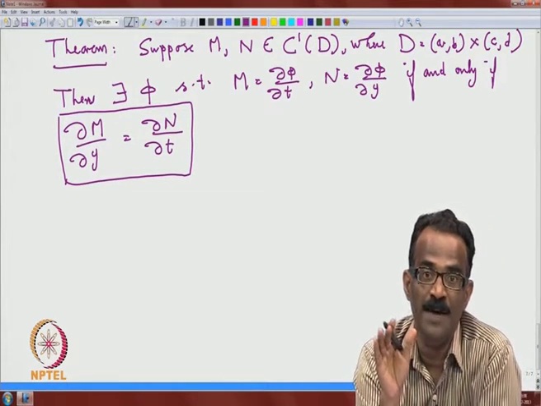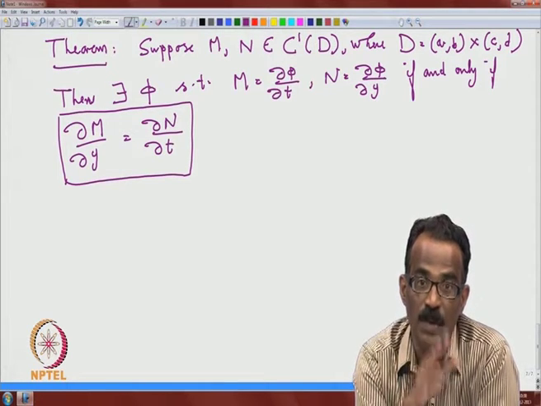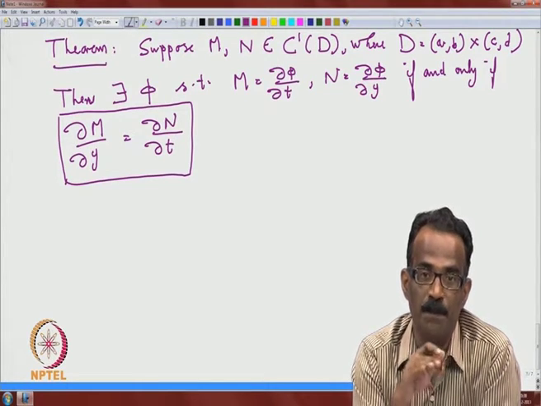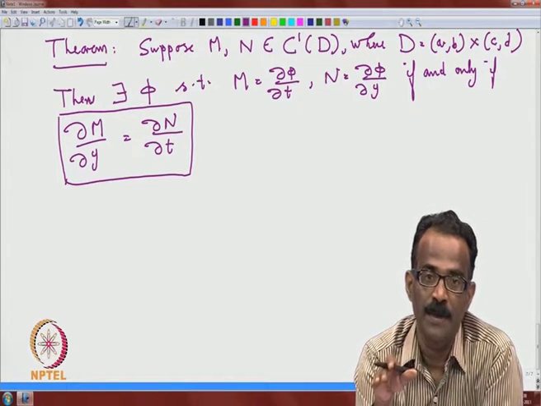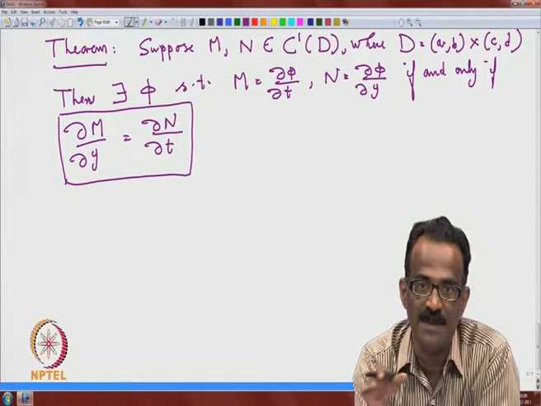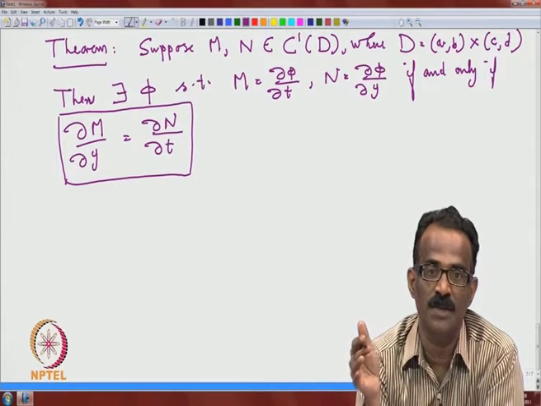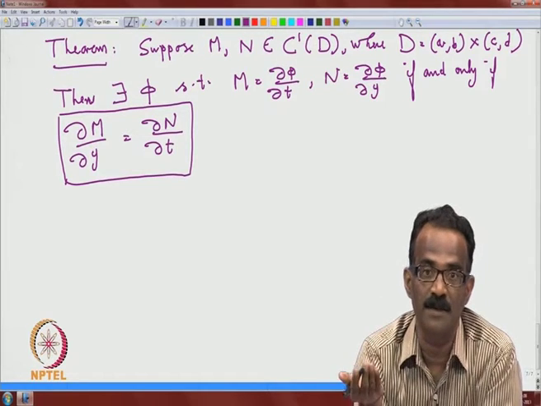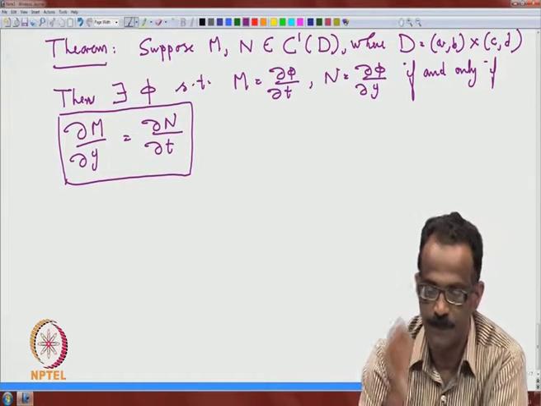So, you can verify a given differential equation. The moment your differential equation is of the form M plus N dy by dt, you can check that condition, an easy condition to be checked, just a differentiation which anybody can do, to verify whether it is an exact differential equation or not.